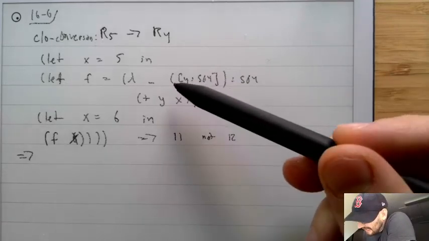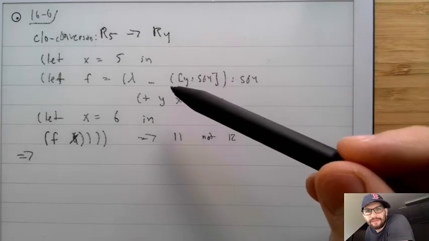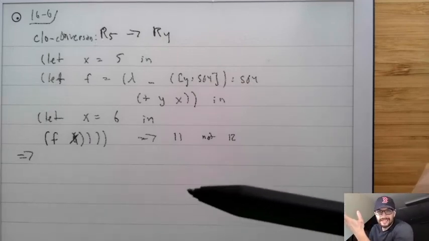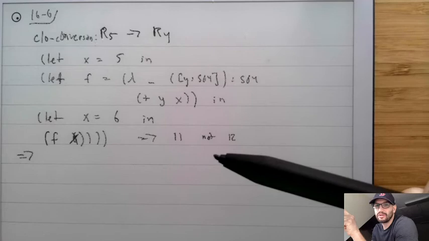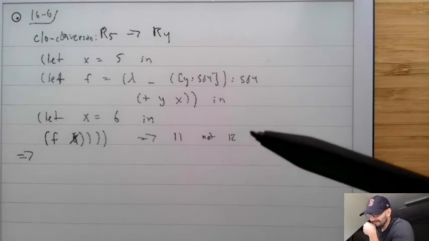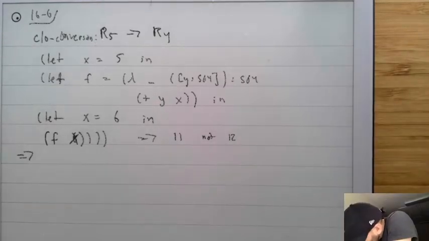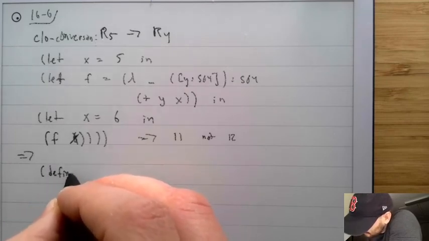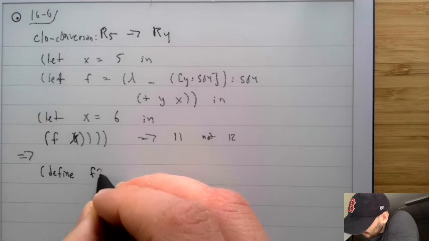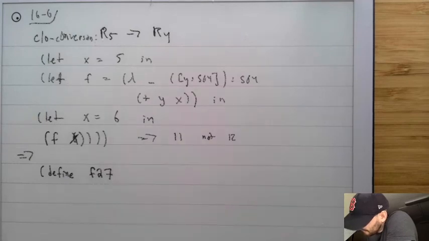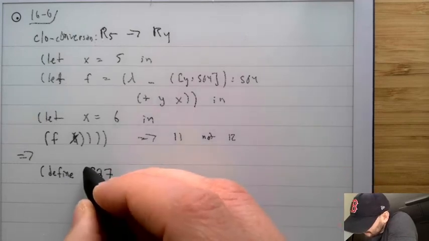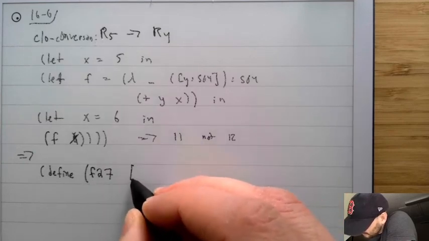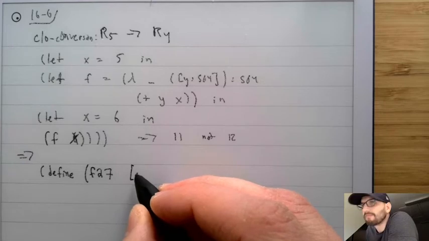Notice that we've got this lambda right here. So that lambda is going to turn into a data structure. Because what is a closure? A closure is a data structure that has a pointer to some code and then a pointer to the free variables. So essentially what we're going to do is we're going to define function 27, where function 27 takes in the argument, what's it called?